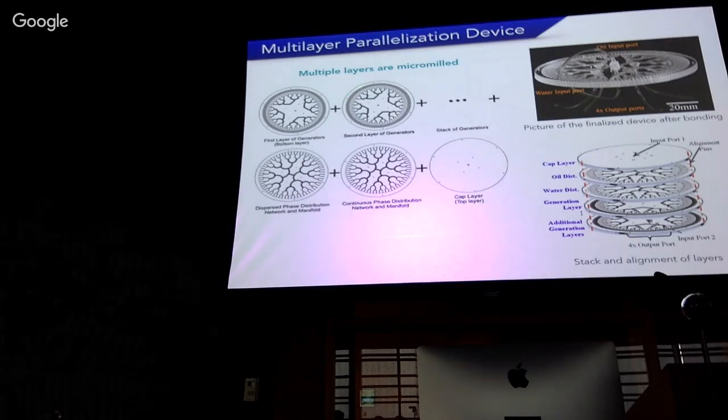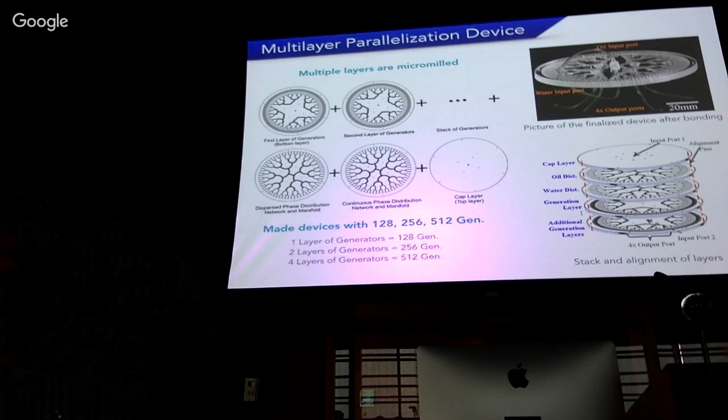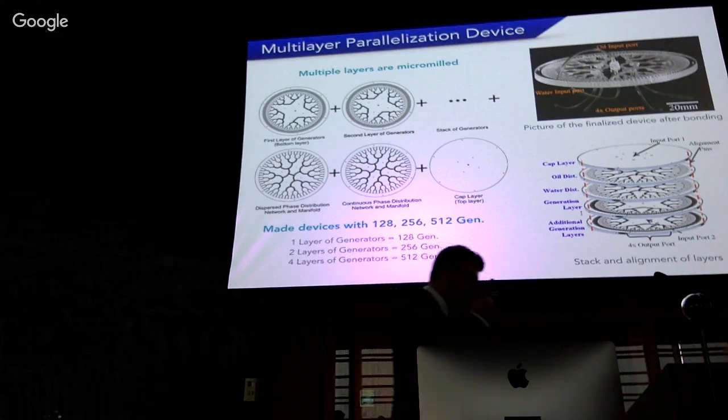And then we made droplet size with different amounts of generation layers. So this is how we make this device. We mill one layer, another layer, we can mill n layers. And then on top of that, you have 2 layers for distribution and your cap layer, just like in this example. So if we use one layer, we have 128 generators.